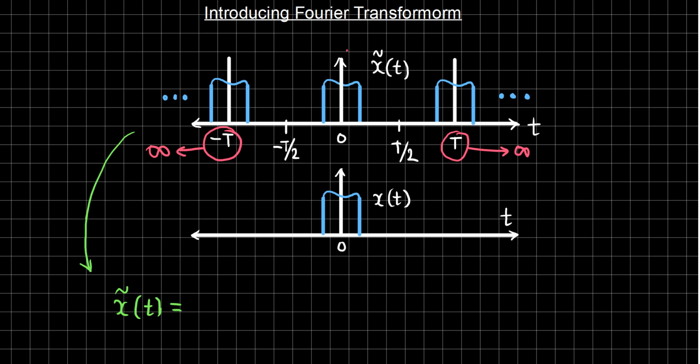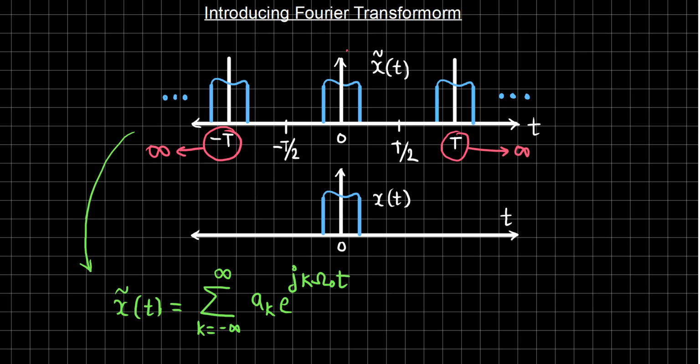We know that using the Fourier series representation, as this is the continuous time case that I am considering here, x tilde of t is going to be equal to the summation, where k ranges from minus infinity to infinity, of a k e power j k omega naught t.